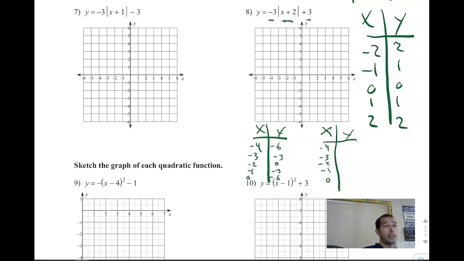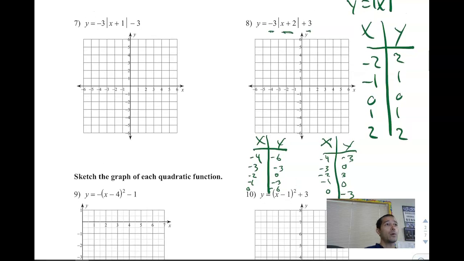And then all the y's are going to be added by 3. So if I add 3 to all the y's, I'm going to get negative 3, 0, 3, 0, and then another negative 3, okay?